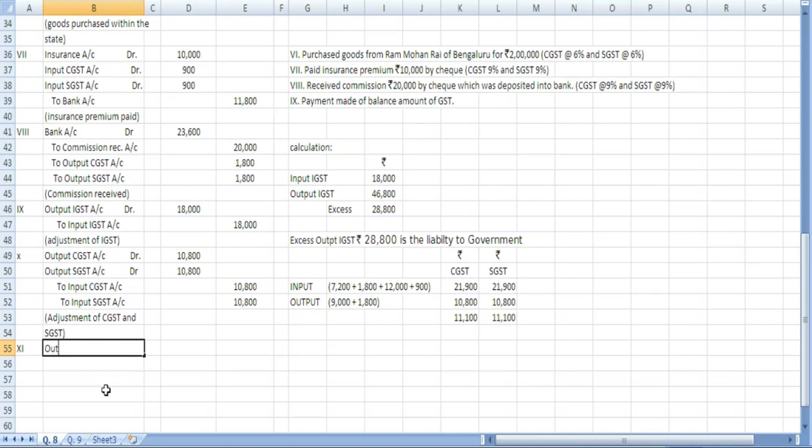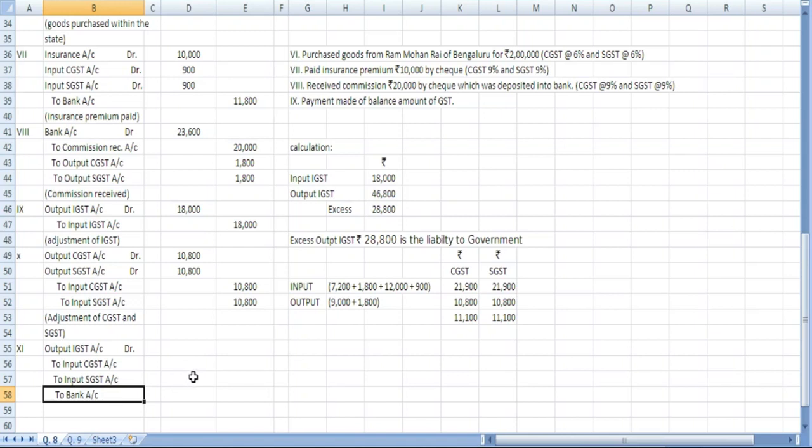So we have output IGST account debit to input CGST account, to input SGST account, and the remaining will go to bank account.